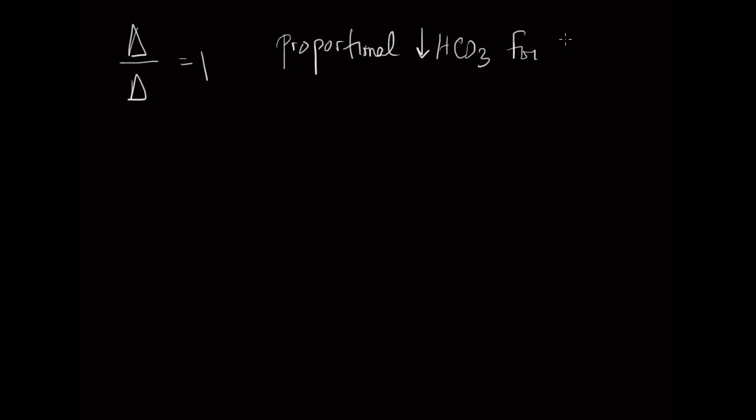When you have a delta-delta that's equal to 1, you have a proportional decrease in bicarb for every increase in protons.